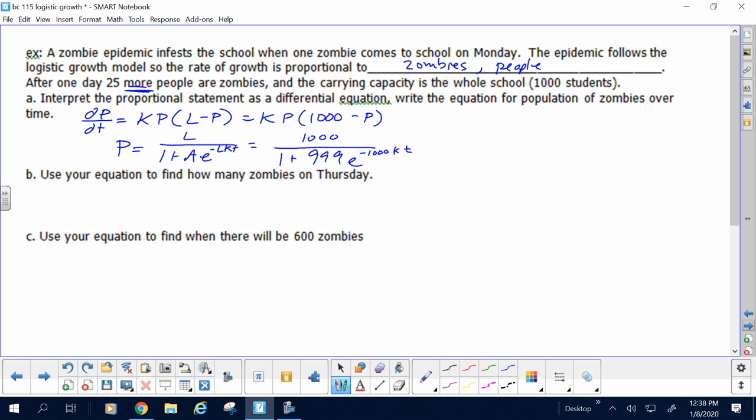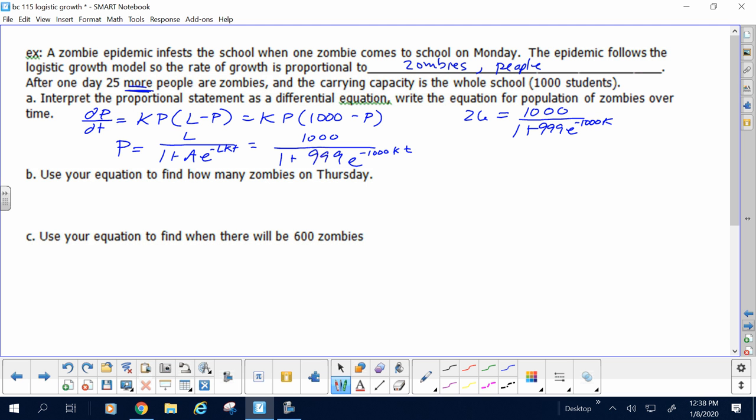Okay? Because that implies that the population is 26 when the time is 1. Negative 1,000 K. And when you put in time of 1, that leaves you with only K unknown. Okay?